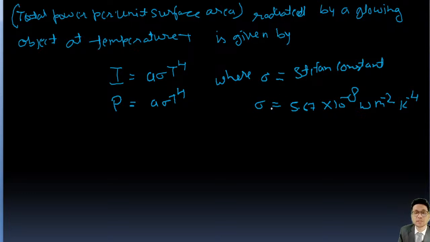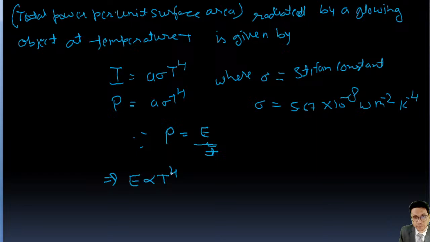This is the value of the Stefan constant, and we know that power is energy per second. So this implies E is proportional to T to the power 4.